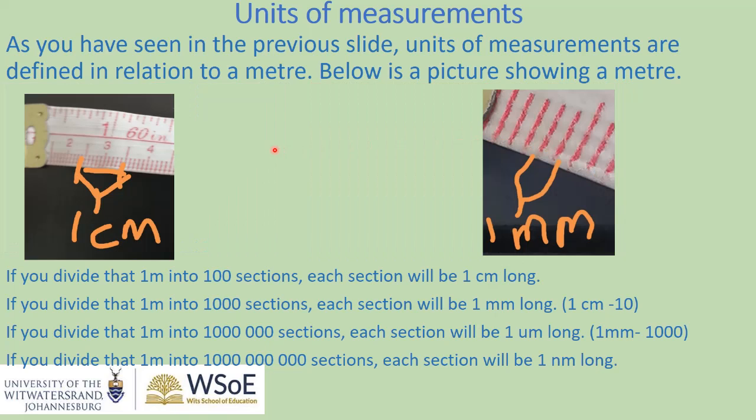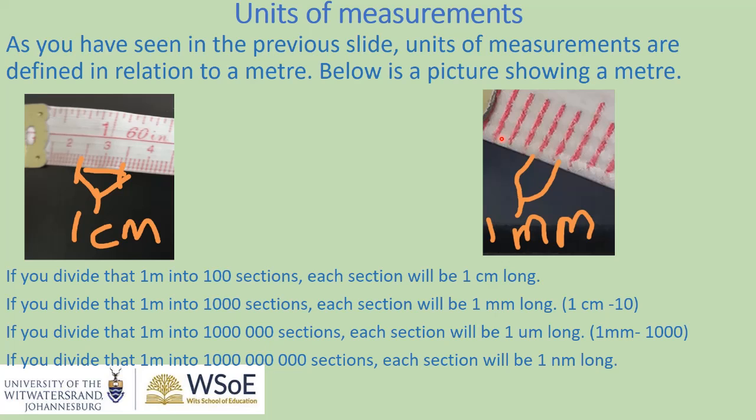Right. So here, this is one from here to here. This is 1 centimeter, and it is divided into 10 millimeters. If we just take 1 millimeter, this is 1 millimeter, and we divide it into 1,000 sections, just this one, and we divide it to say 1, 2, 3 until we get to 1,000, each section will be 1 micrometer.